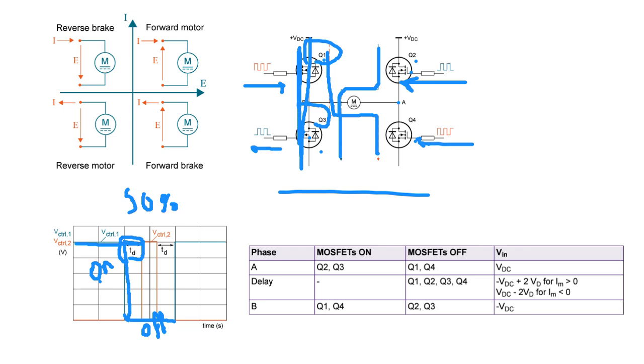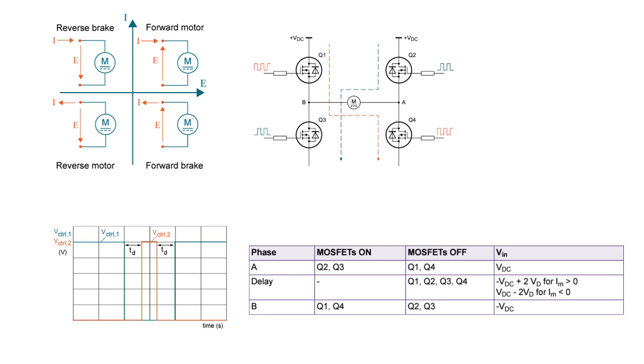Also another point, dead time. Why is there dead time? Dead time means that we want to prevent shoot-through. One is on, the other is off. In another cycle, it is off, then it is on. This is on and then this is off.